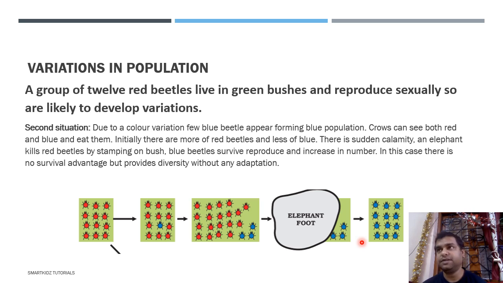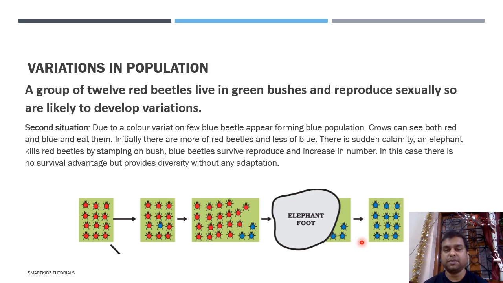So the red beetles got eliminated, whereas the few blue beetles that were there and which luckily survived the trampling got a larger piece of land where they could grow. I mean, that allowed them even access to the resources available to grow. They need food and area to grow. Okay, there is no competition.